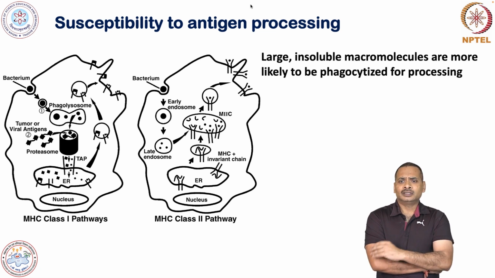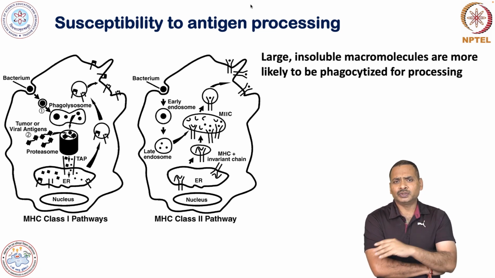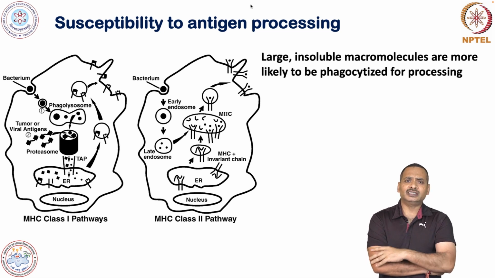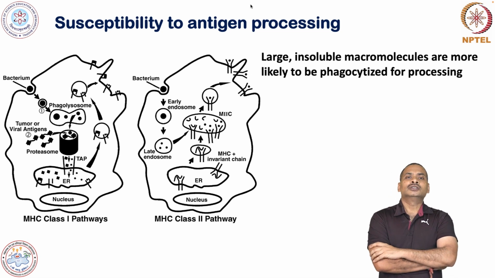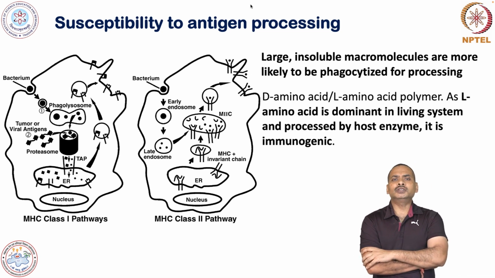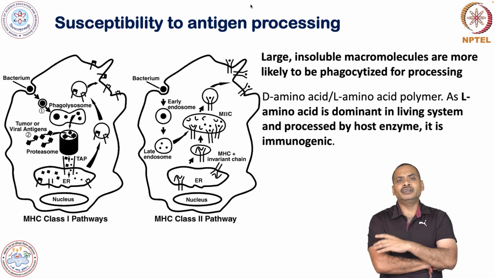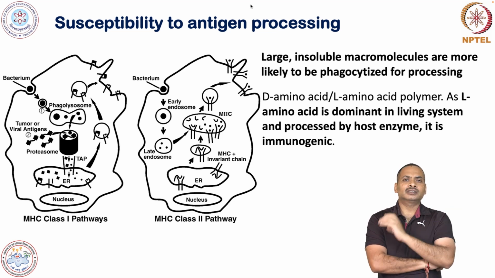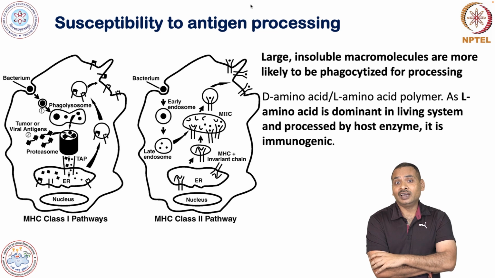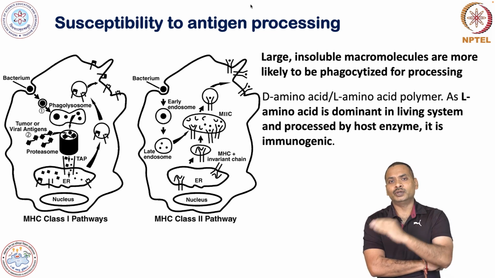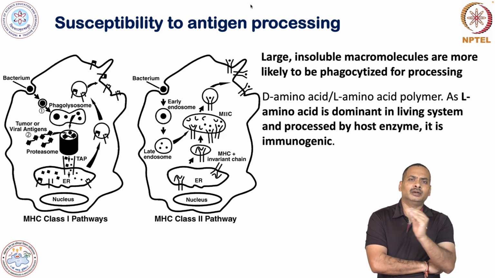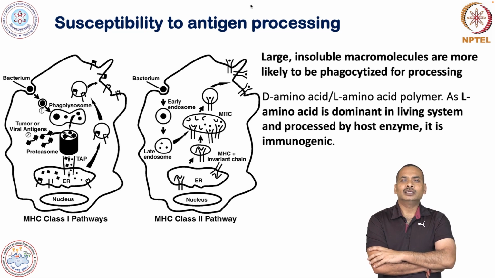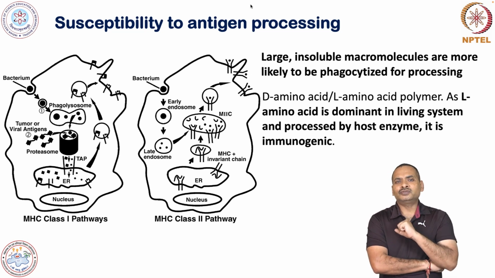Here are a few points with which you can prove whether this is important or not. As you know, the human host has all proteins composed of L amino acids. It is a polymer of L amino acids. Our proteins all have L amino acids. So you can perform a simple experiment.